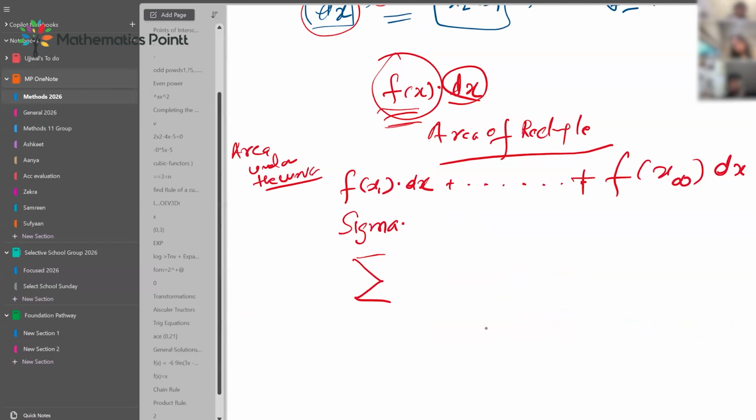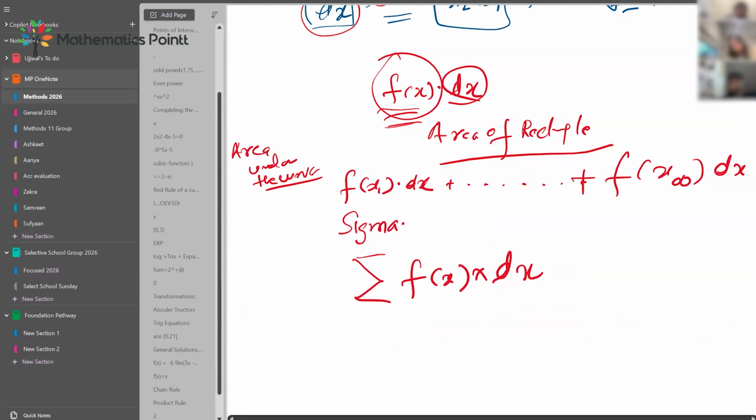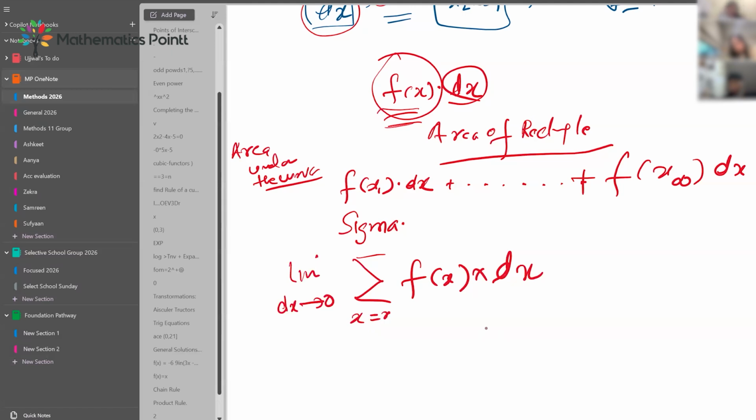Add all rectangles of the length f of x times the width dx, in such a way that, in the limit, my dx should approach zero. That is when it will become infinite rectangles. Yes or no? And how many rectangles am I adding? I'm adding n rectangles. I don't know, n could be infinity.